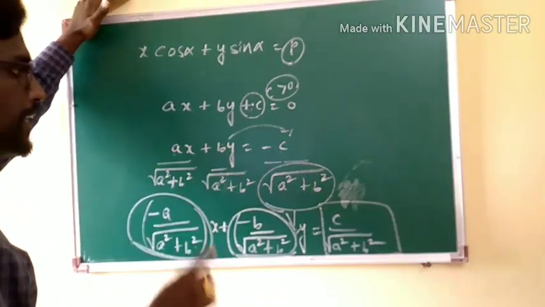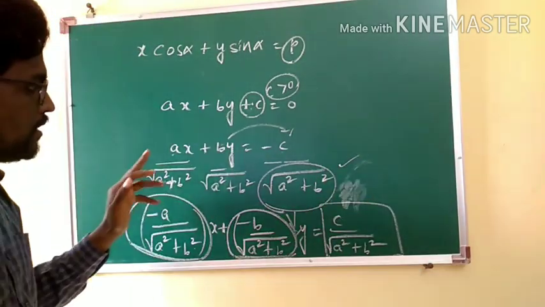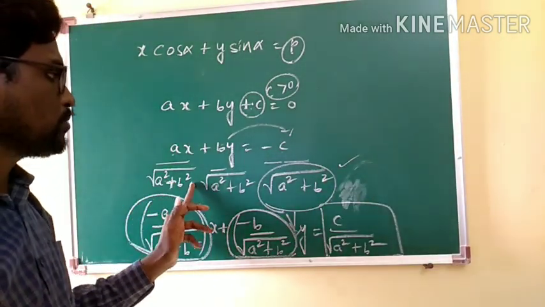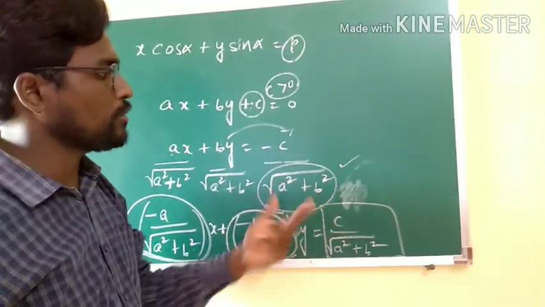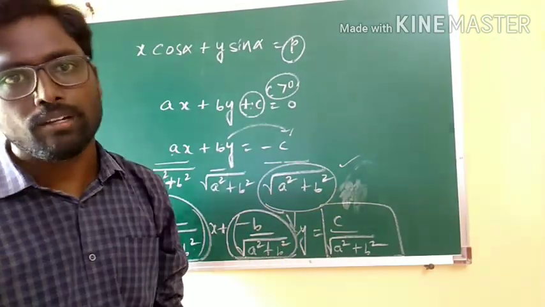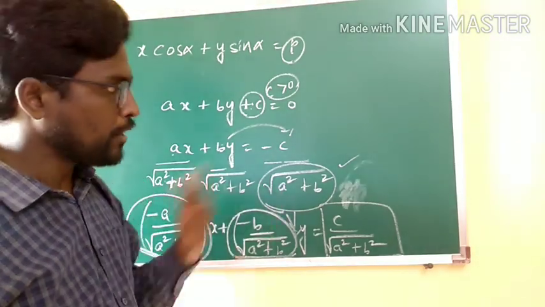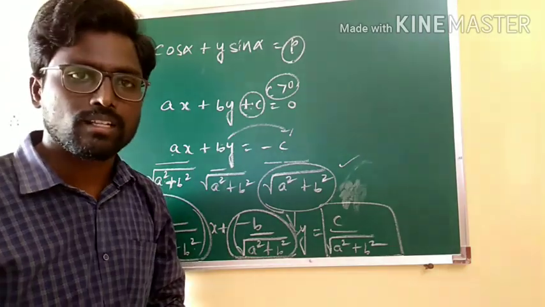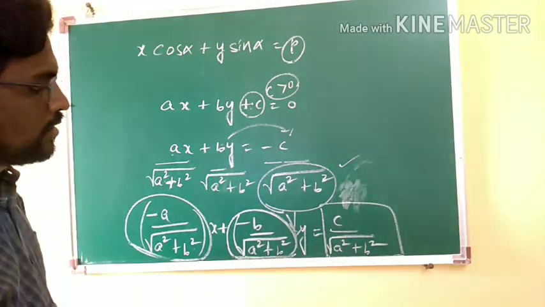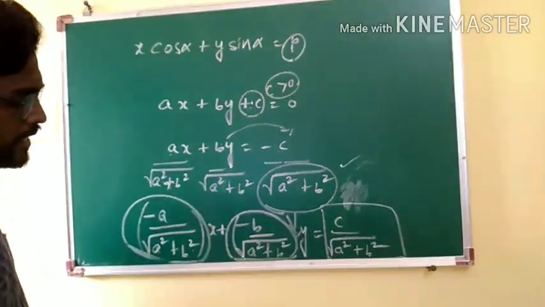If c is negative, you will keep it as usual. Ax by root a square plus b square plus by by root a square plus b square is equal to minus c by root a square plus b square, where c is going to be negative. Because c is already negative, minus of minus becomes positive. That's the reason. So after writing this, please write as the next point.